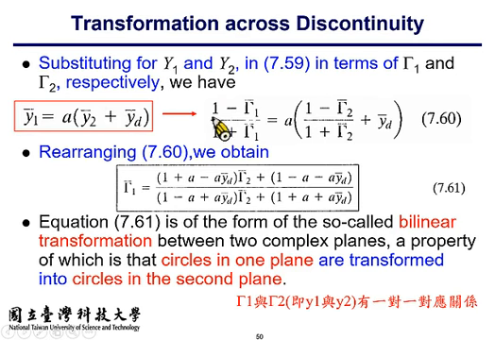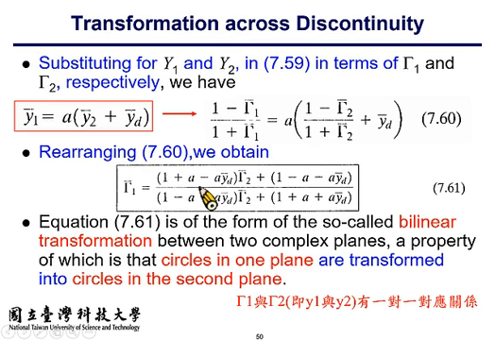Here is y1 expressed in terms of the reflection coefficient gamma 1, and here is the normalized admittance y2 represented with reflection coefficient gamma 2. By taking into account the ratio A, you have this representation.